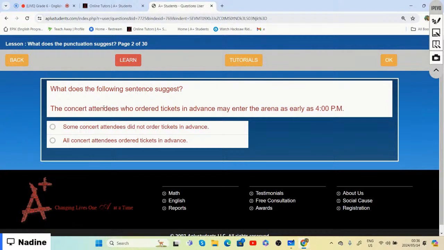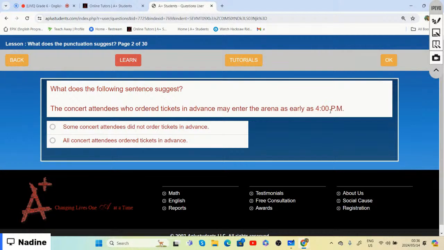So if you remember, sometimes if you order tickets, in my country we call it compu tickets, right? So it's either you buy tickets in advance online, or sometimes you can buy tickets at the door, right? So you can either buy your tickets online or by the door.